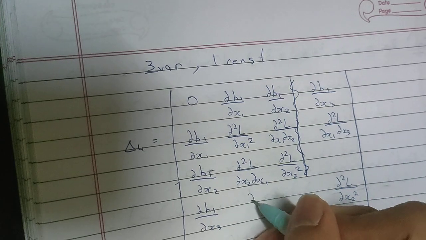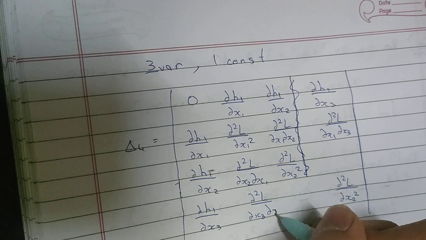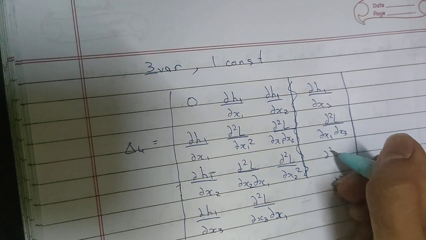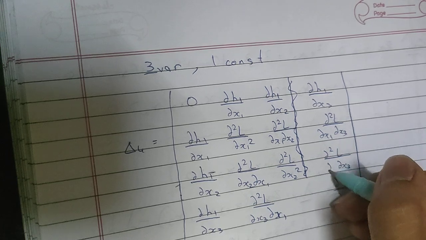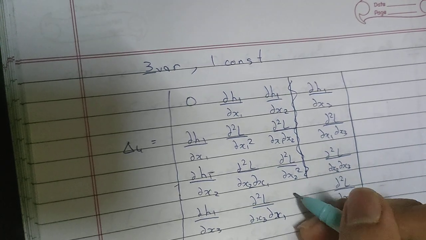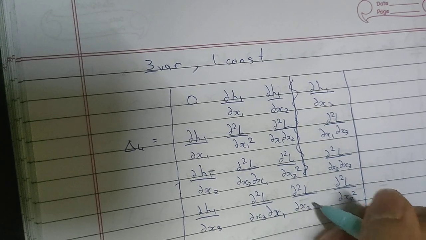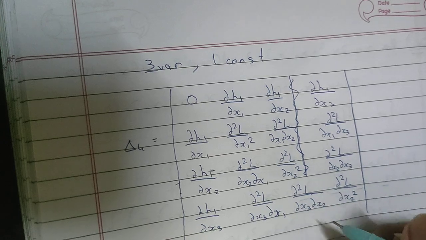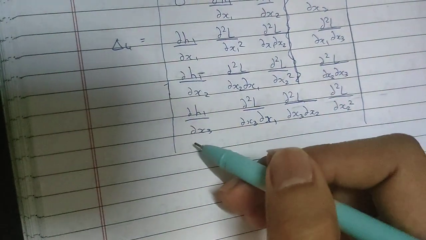This is x1 x3, so this will be del square x3 x1. This one would be del square del x3 by del x2, and this one would be the reverse of that, del x3 del x2. Nice. This is a del 4 matrix.